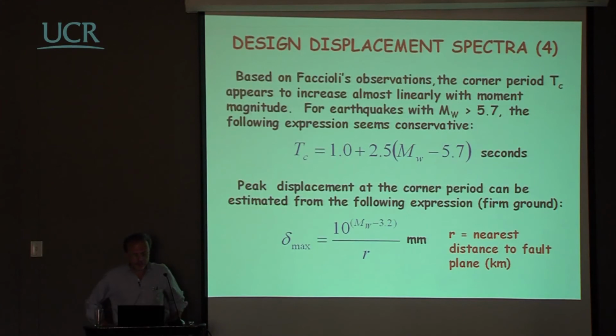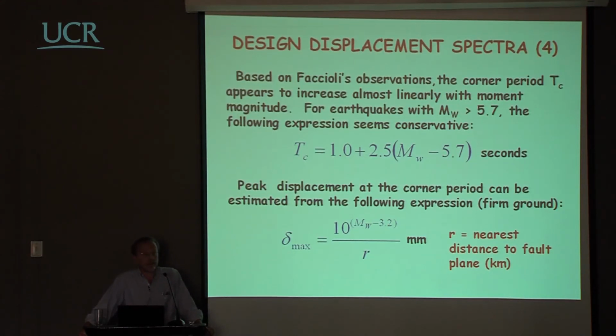So the equations that have been developed, looking at the results obtained by seismologists, are simple equations. Essentially, of course, we only need 2 points. We need to define where the corner period is and what the corresponding displacement value is. What you see there is the first equation, where the level of the corner period is approximated as a function of the magnitude only. This is still a kind of open problem.